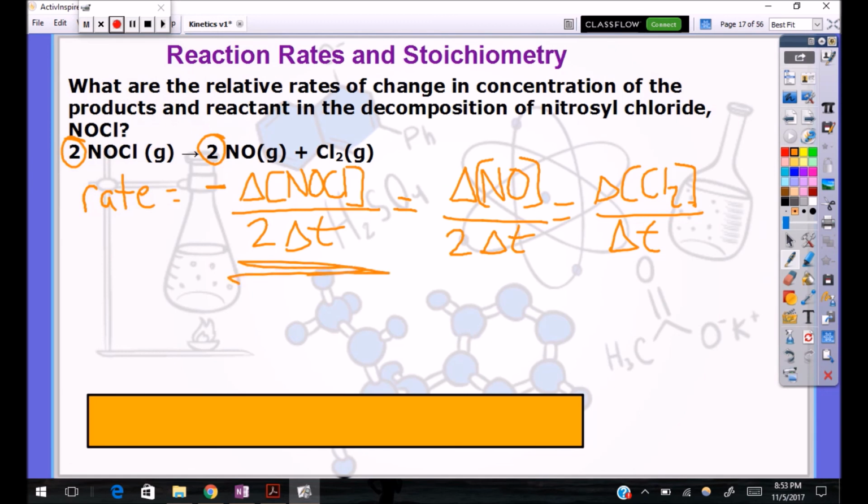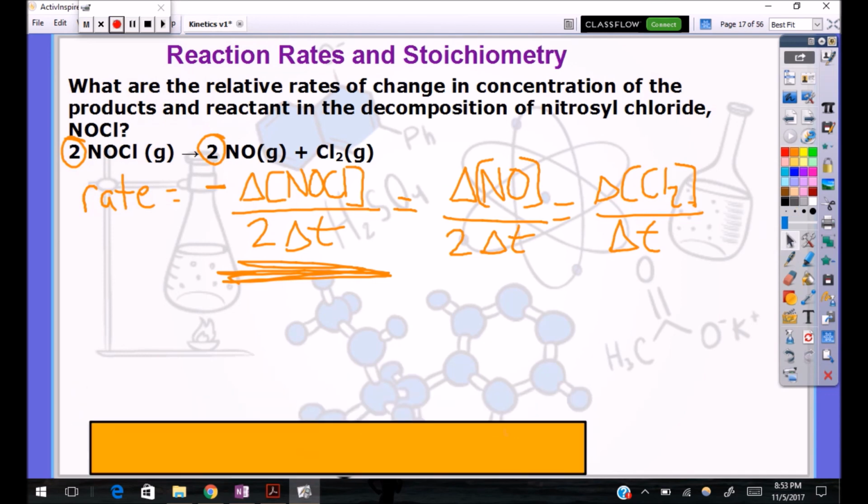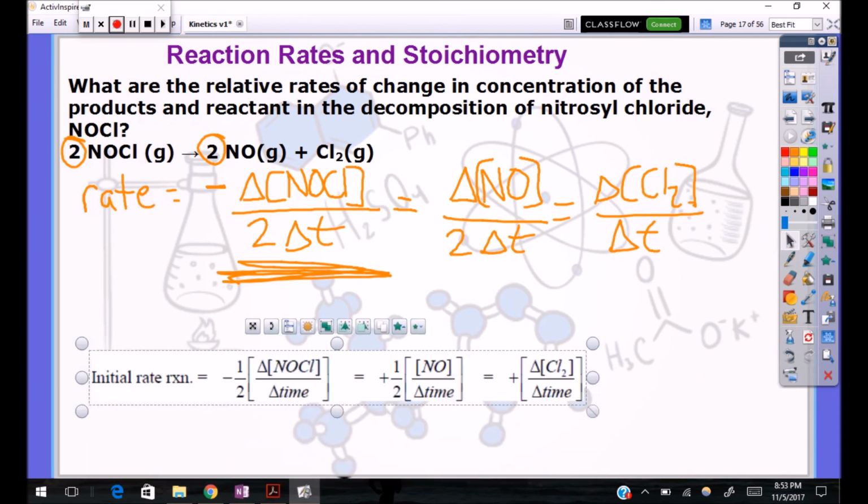Typically, we look at this one here because it's the reactant disappearing, but this is the format that you would typically see. Whoa, there you go. So it says initial rate of reaction. This is exactly what they had in the book. Now, I kind of simplified it a little bit. They put 1/2 in front of their numbers, but that is the same as putting 2 on the denominator.